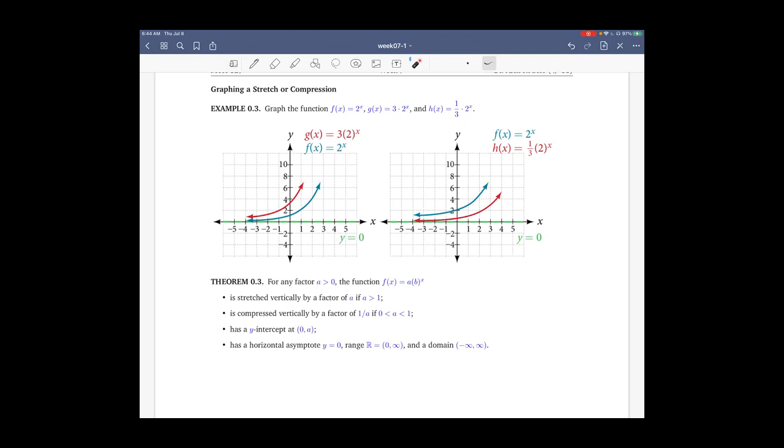So the graph of the function 3 times 2 to the power x is obtained from the graph of the function 2 to the power x by simply a stretch with a factor of 3. So you take the blue curve and stretch, and we multiply each y coordinate by 3.